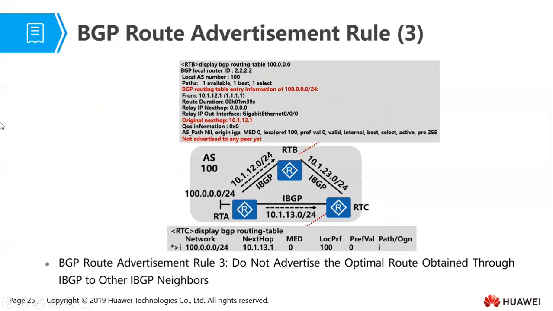Let's move on and look at rule number 3. So what does rule number 3 say? Do not advertise the optimal route that has been obtained through IBGP to other IBGP neighbors.